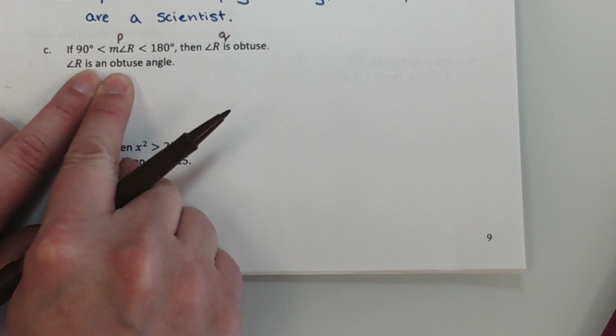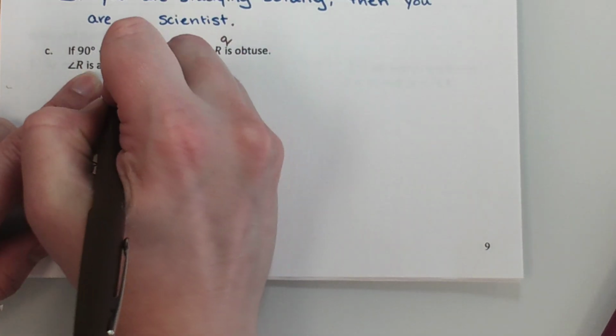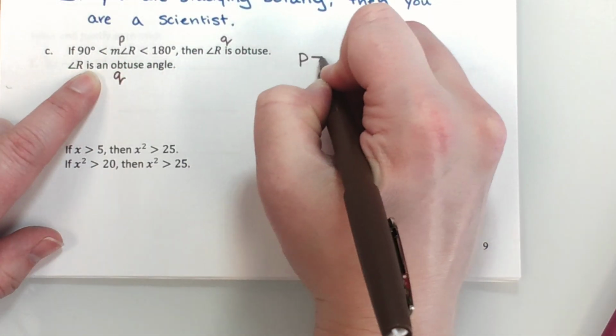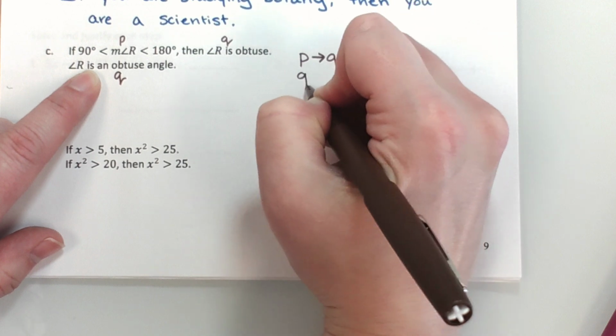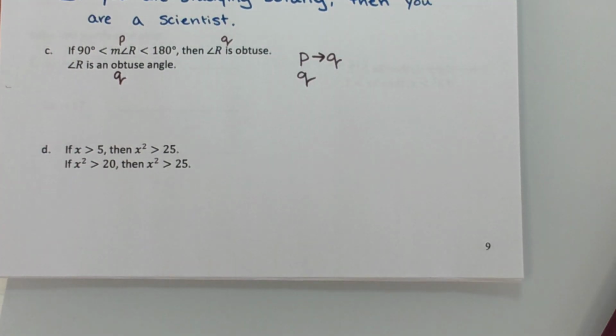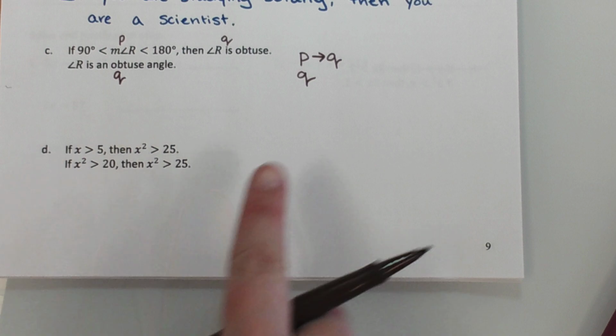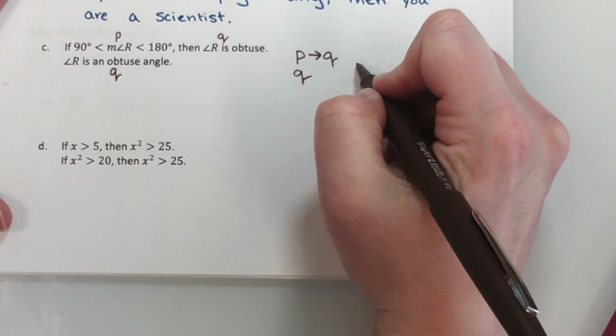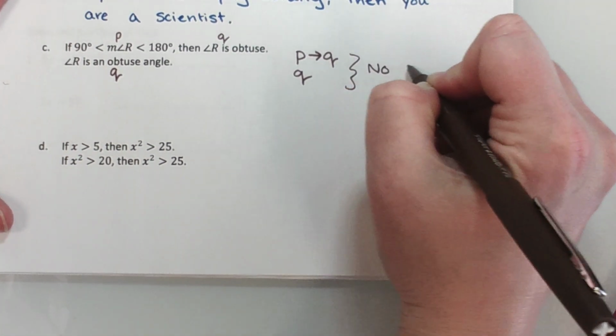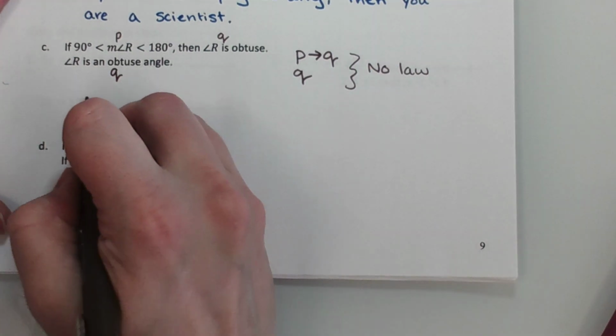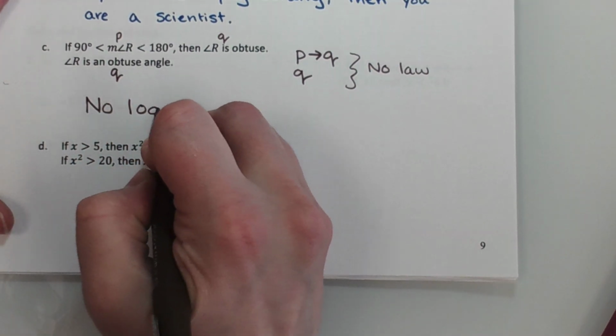Does this match either P or Q? Matches Q. If P then Q, Q is what I have. Does that match the law of detachment? No. Law of detachment should go P, Q, P. Doesn't go Q. This is no law that we were given, which means we can't make a logical conclusion.